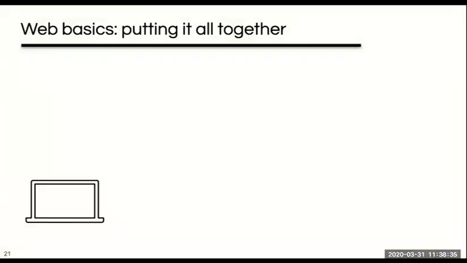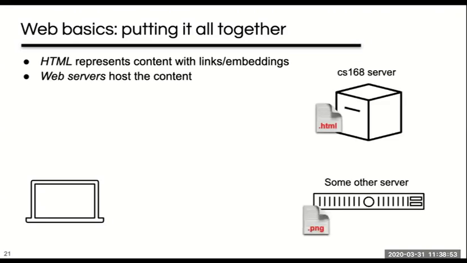All right. So let's put it all together. We've got HTML, which represents content with links and embeddings. We've got web servers, which host the content. We've got URLs, which specify the location of content.